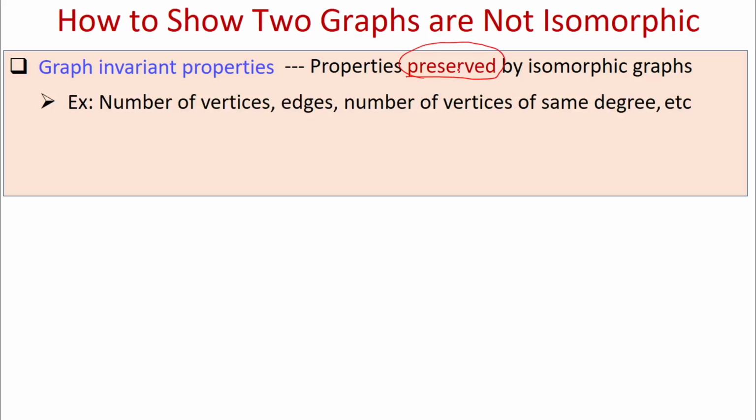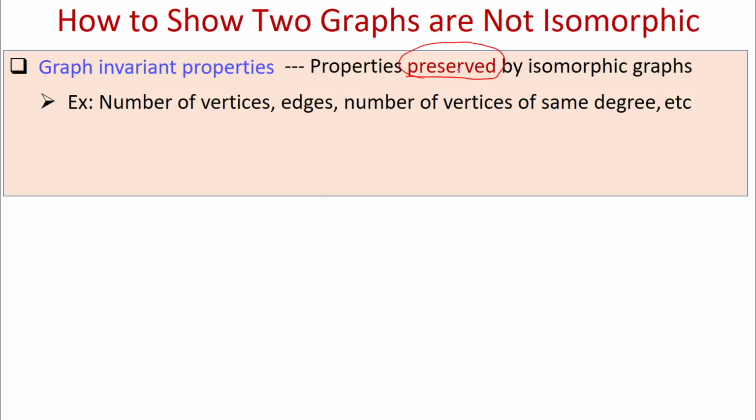Some of the naive graph invariant properties which should be preserved by isomorphic graphs are the following. They should have the same number of vertices, the same number of edges, and the number of vertices of a particular degree should be the same in both the graphs, and so on. So for instance, if in your graph G1 there are two vertices of degree 2, then in G2 also there should be exactly two vertices of degree 2.